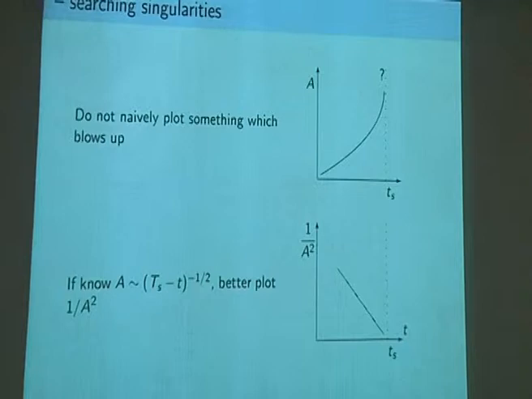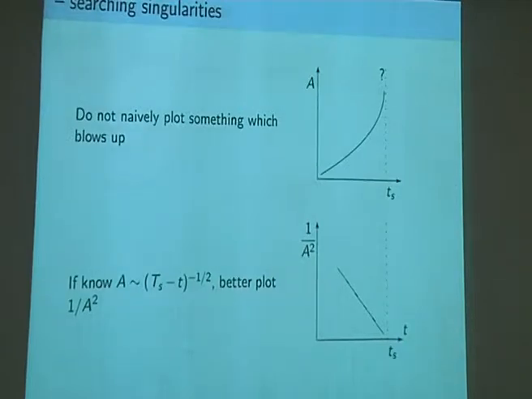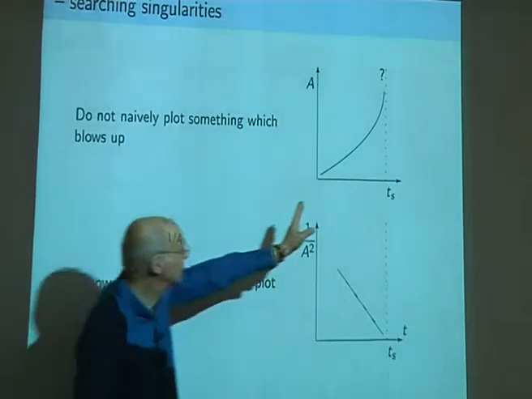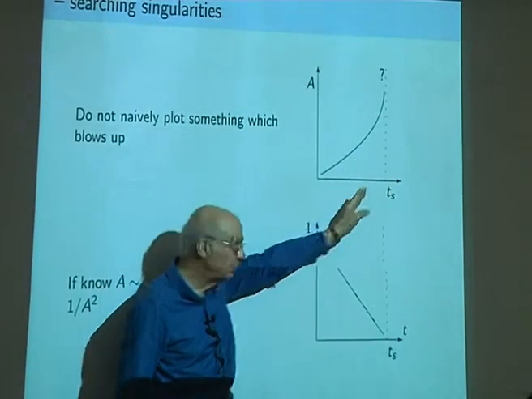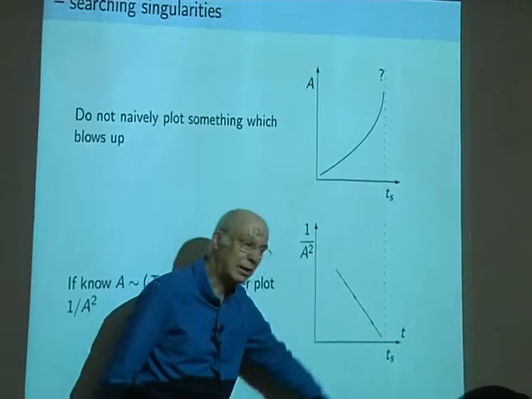If you plot 1 upon the amplitude squared, you're looking at a linear line, which you can extrapolate down to where 1 upon the amplitude is 0, and you've found the stopping time, without going all the way up the curve to infinity. Finding out where this stopping time is, by looking at a curve that's getting bigger and bigger, is very difficult. But this is very easy to find out, to extrapolate.